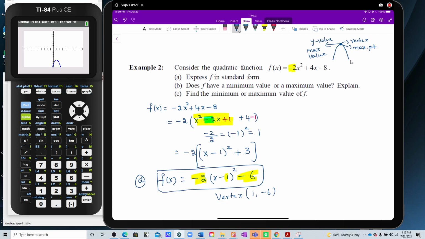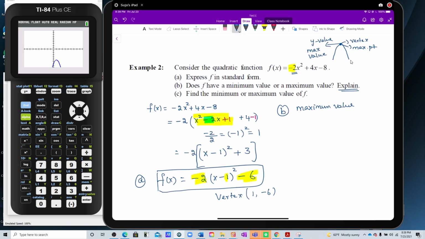So for B, the answer is it has a maximum value. You can say that because the leading coefficient is negative, it will have a maximum value. If that is negative, you will always have a maximum value.